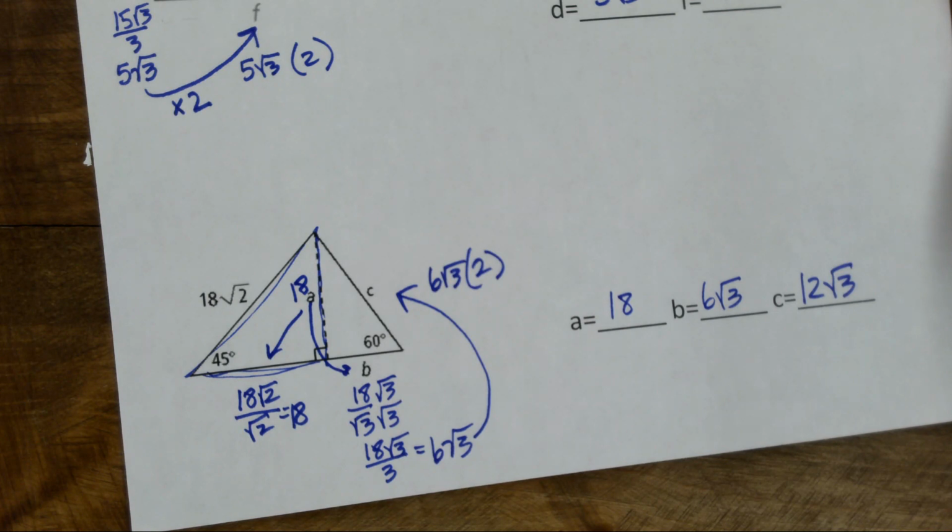Does that look a little better? This is over 1. You could either plug this in your calculator, though some calculators won't allow you to do it, some will. Or you can do 4 times the square root of 3 over 3 times 1/2. And then you can cancel.